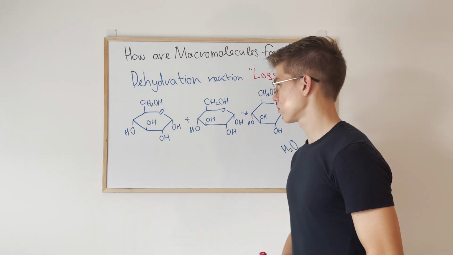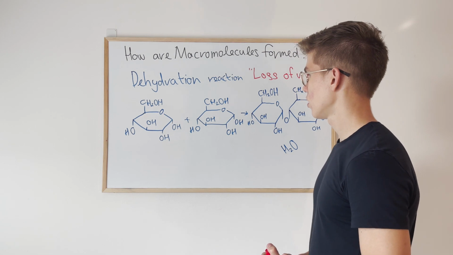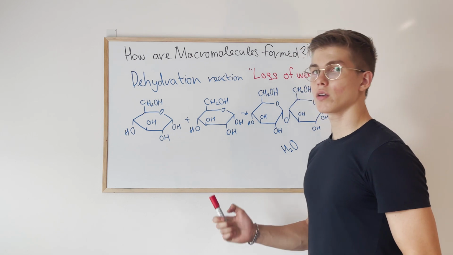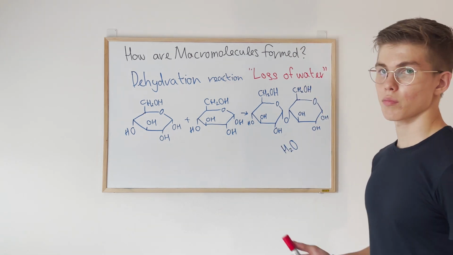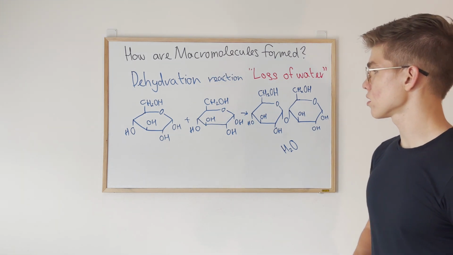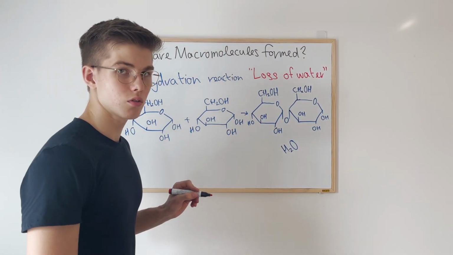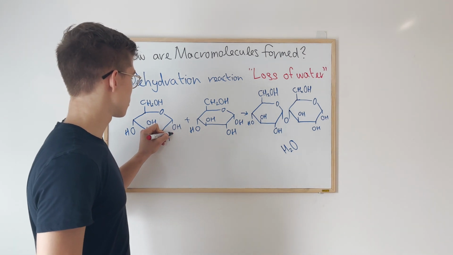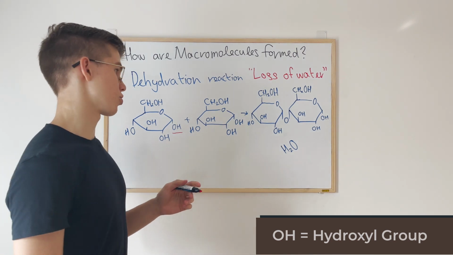Let's take a look at an example of this dehydration reaction between two glucose molecules forming a larger disaccharide, which is called maltose. Now, as you can see, the first glucose molecule gives its hydroxyl group, which is oxygen and hydrogen.